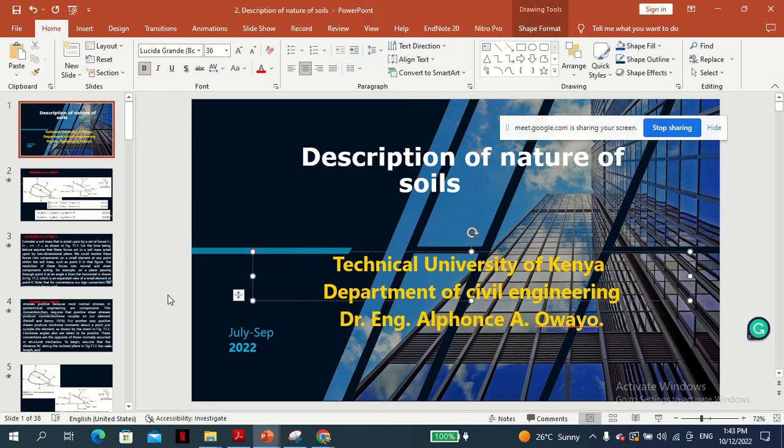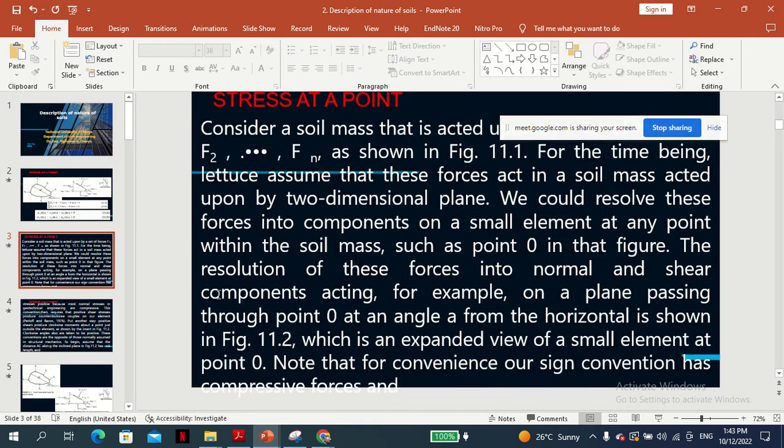A little bit of the description of the nature of soils.